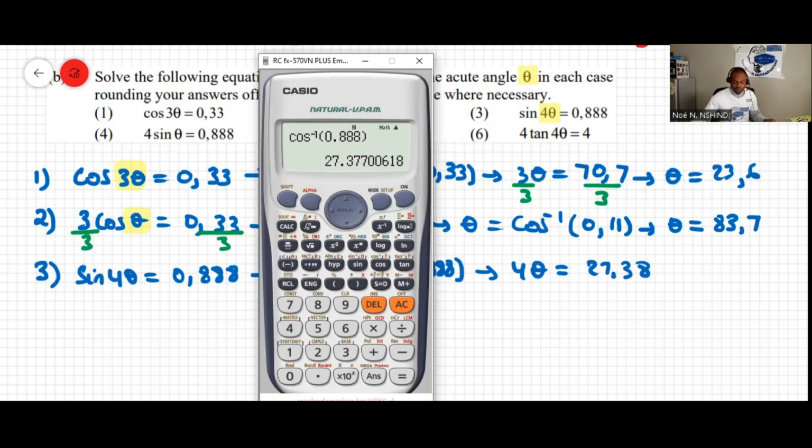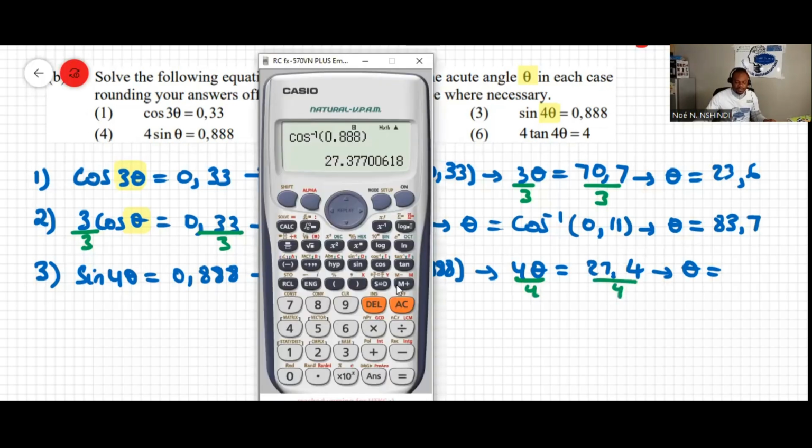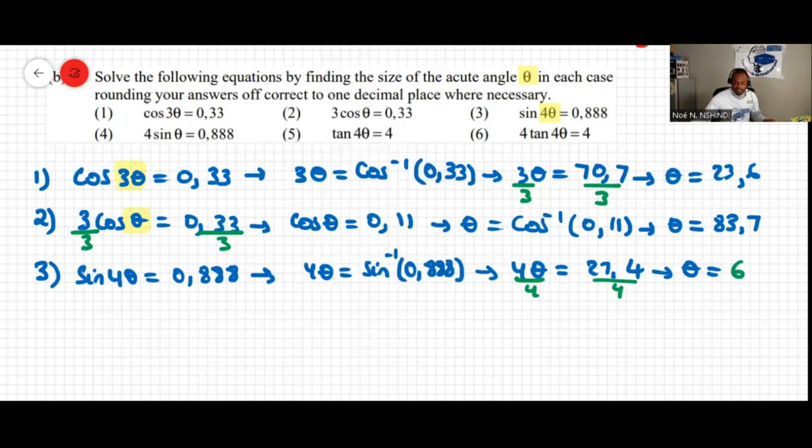That makes 27.4. Now, to get the value of theta, I divide both sides by 4. I divide this answer by 4, and we get 6.8. So that answer is 6.8. And then question 4.